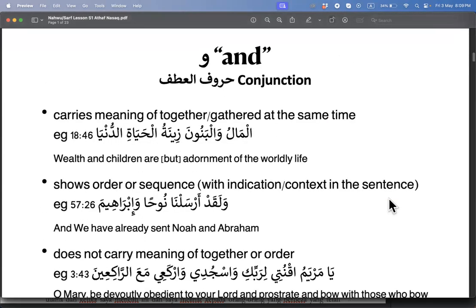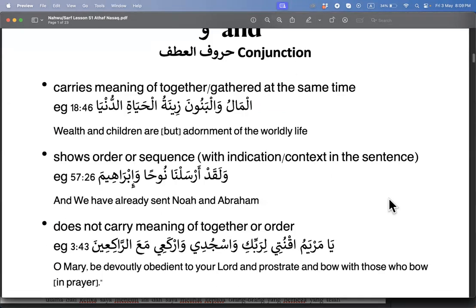So we begin with wow. Wow can carry the meaning of together, so gathered at the same time. For example, here we have al-mal. Is this jumlah fi'liyah or jumlah ismiyah? Ismiyah, yes. So al-mal will be the mubtada, and wal-banuna will be maktuf ala mal.